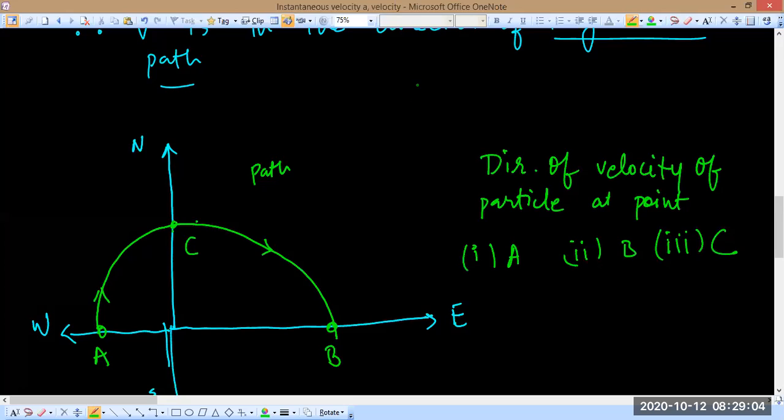All right, come on. Can you tell me what is the direction of velocity of particle at A, B, and C? Use what I have taught you.